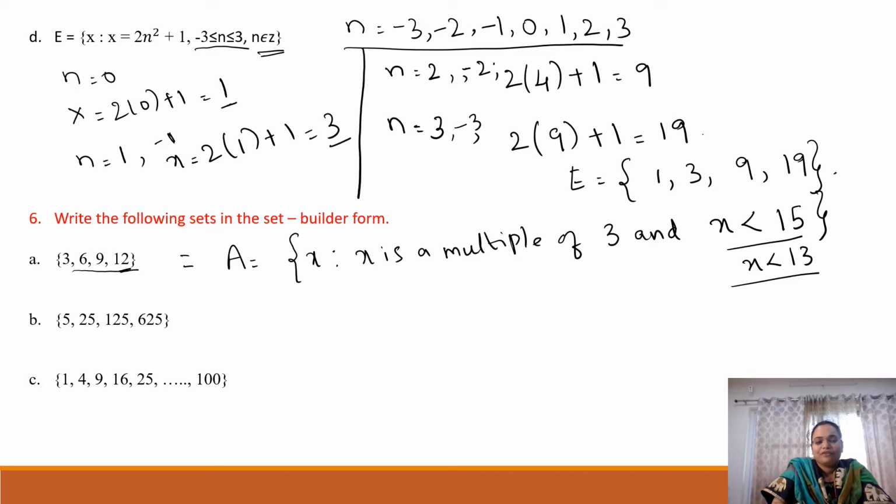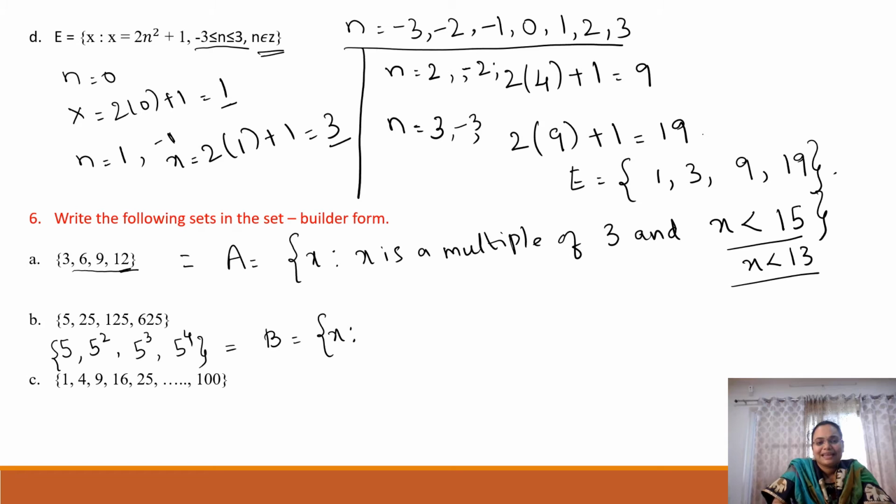Next one, 5, 25, 125 and 625. So 5, 25 can be written as 5 squared, 125 is 5 cubed and 625 is 5 power 4. That is B equals x such that 5 is common, right?